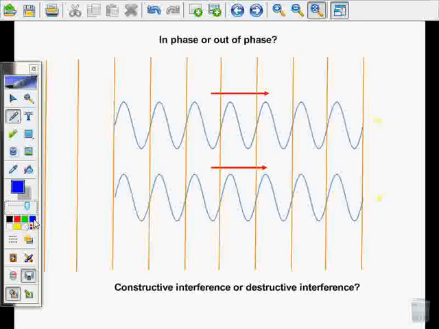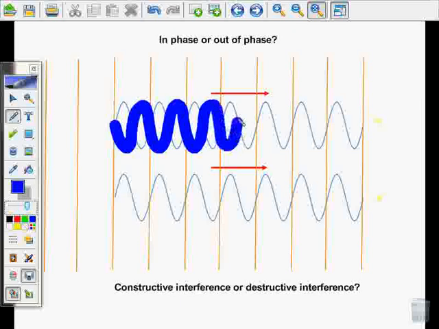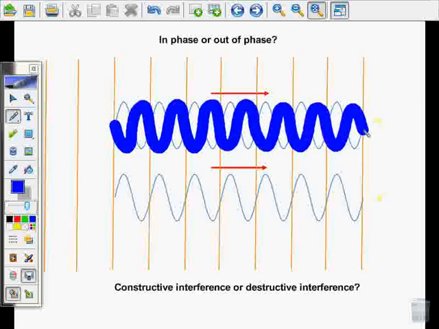Let's give the top wave a phase change. I'm going to flip it. So instead of being there, it's like this now. Ignore the fact that I made it thicker, I just want it to stand out. So we have that wave on top, the wave on bottom.